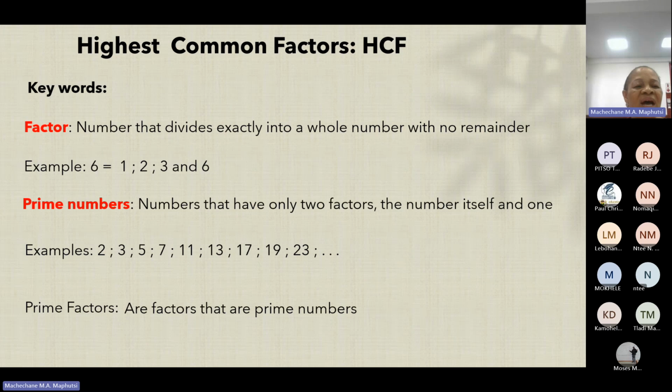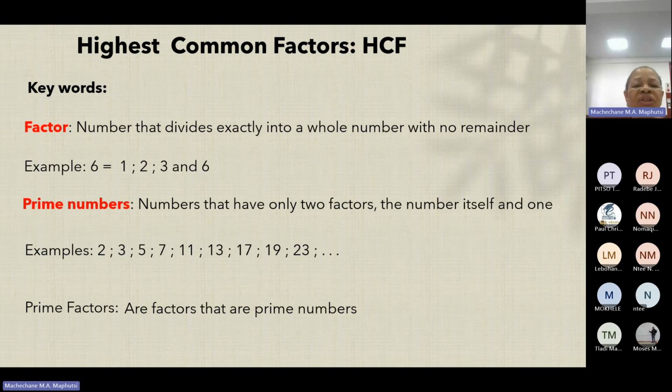Before we do that, I just want us to remind ourselves of some keywords. As you can see, in factors and in highest common factor, we have the word factor. A factor is a number that divides exactly into a whole number without a remainder.